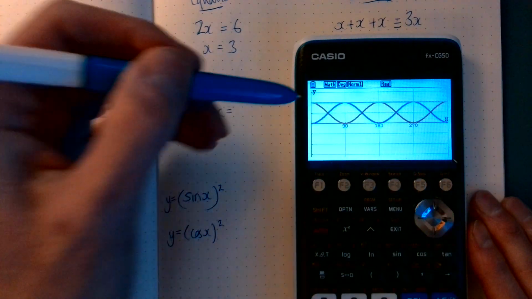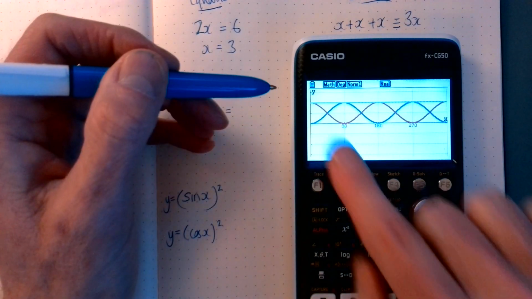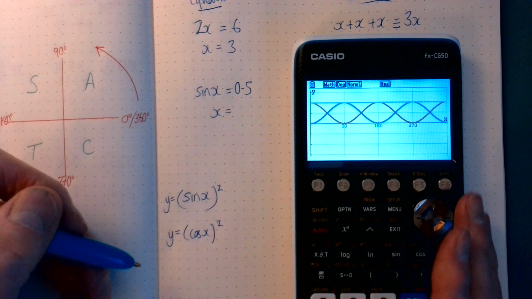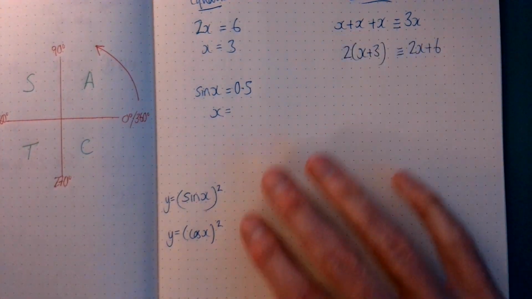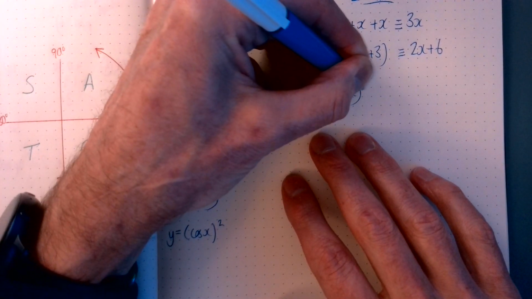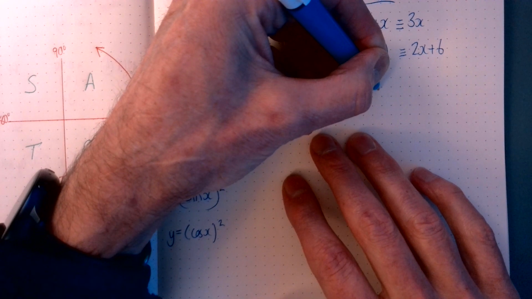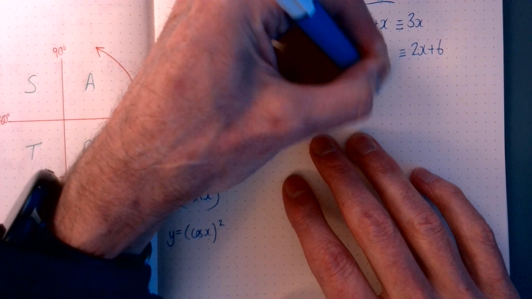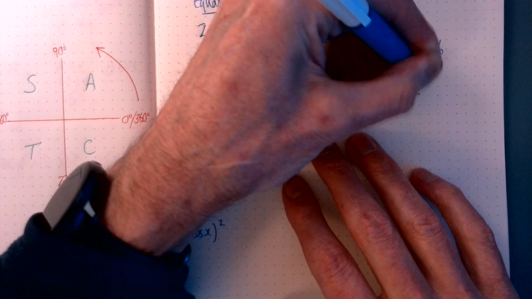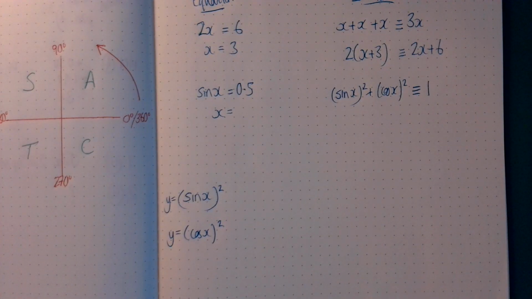It is always equal to 1. Whatever the size of the angle, the sine of x squared plus the cos of x squared is 1. And this gives us our first identity. The sine of x squared plus the cos of x squared always equals 1, whatever the size of the angle.